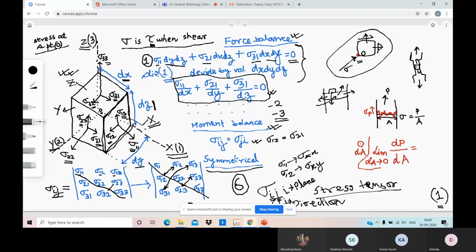tensor. When we write a stress tensor component as sigma ij, that is sigma xx, sigma yy, sigma xy, sigma zx, whatever, the first term i represents the plane on which it is acting. And plane means we say that the plane that is perpendicular to the x direction, we call it as x plane.